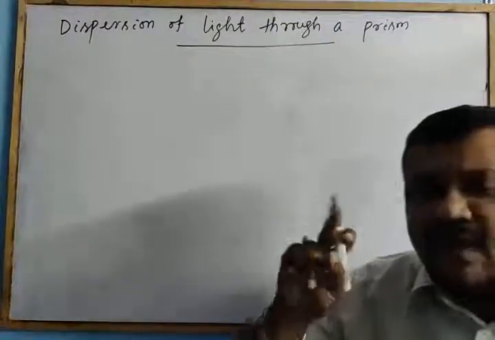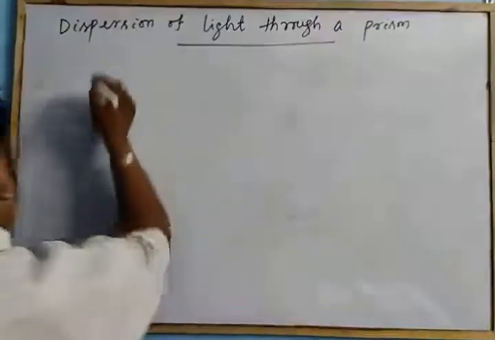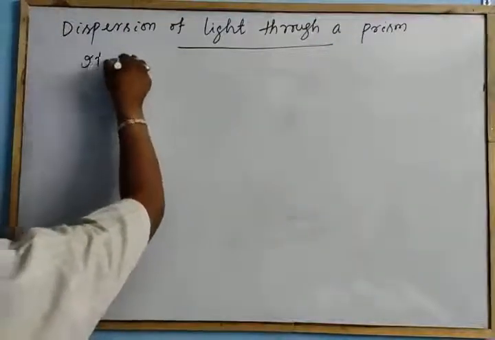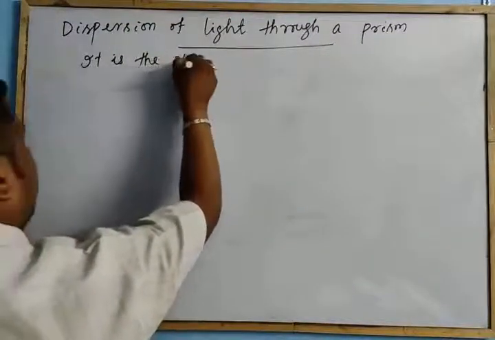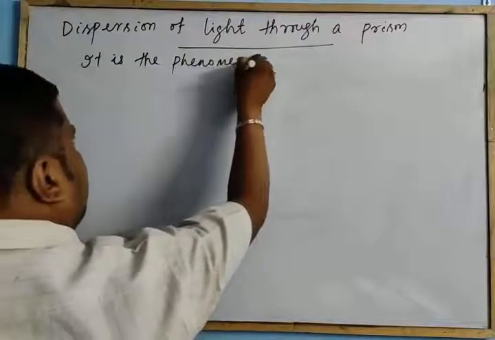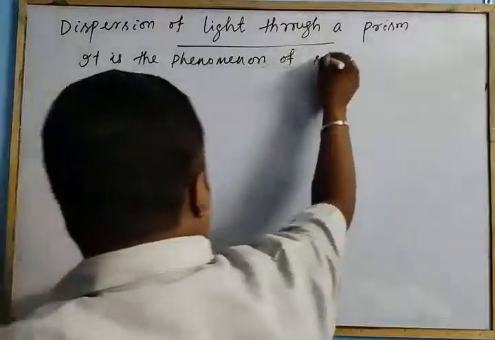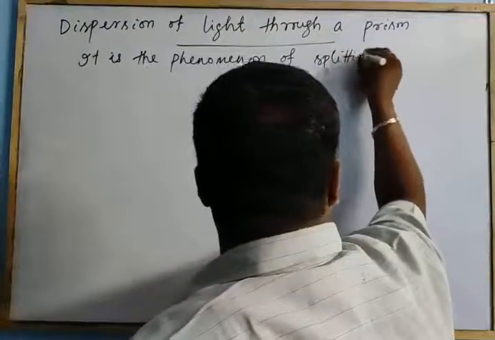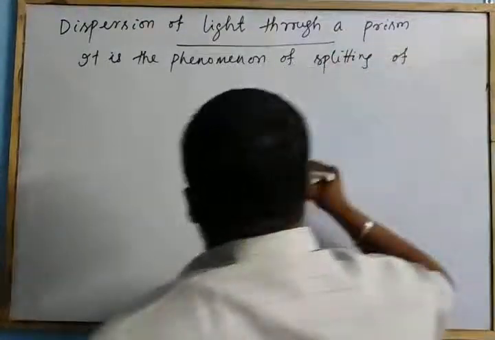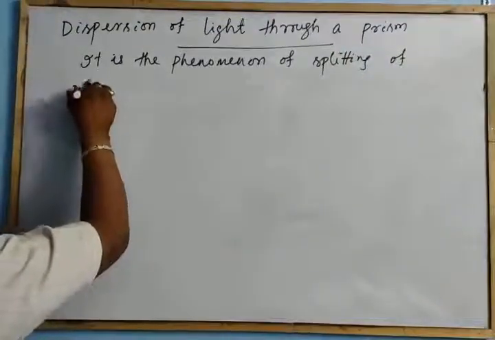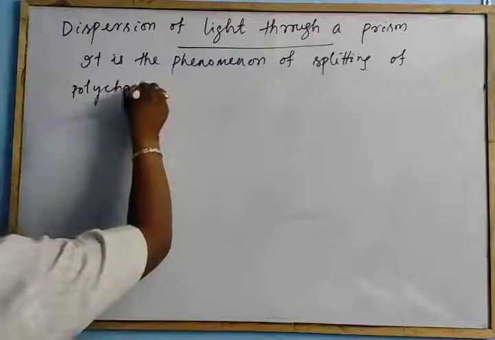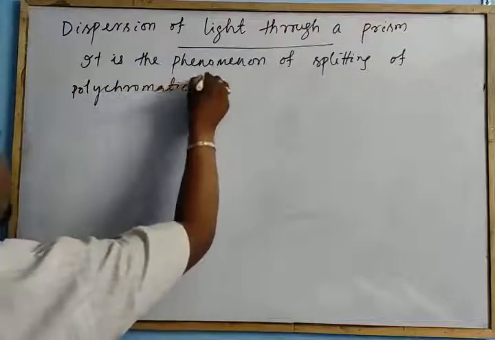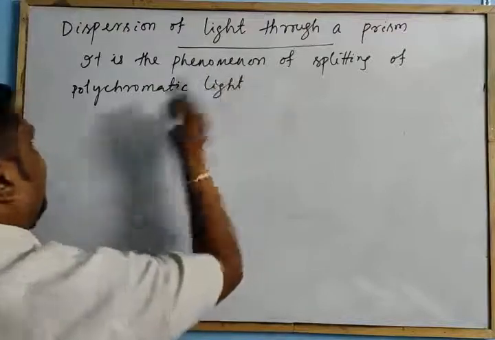So this dispersion is what? It is the phenomenon of splitting of polychromatic light. What is polychromatic light?